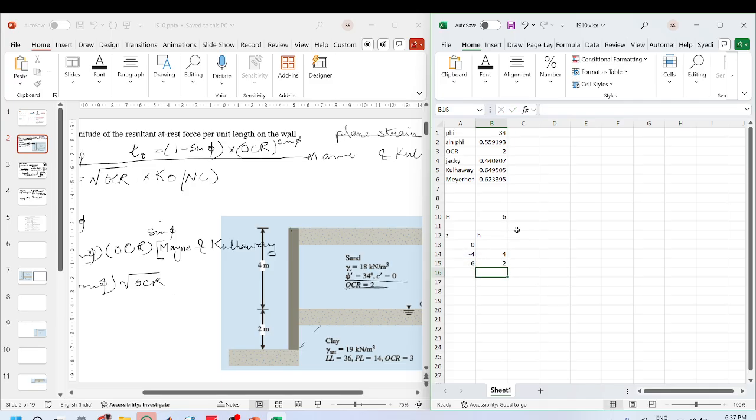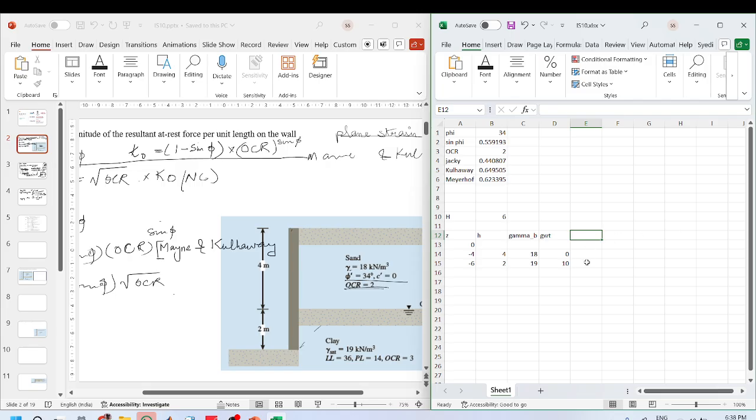Okay. Then we have the gamma bulk, which for this is 18, for this it's 19 gamma saturated. Okay, so there is no groundwater table here, and here we will have 10 kilonewton per meter cubed for presence of groundwater table.